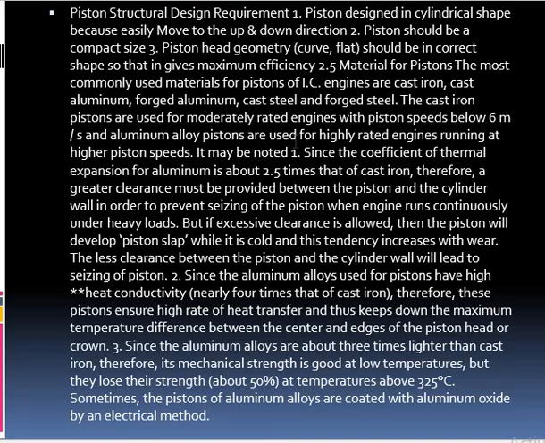Whenever we design such a piston, the structural design should be considered. Another important point: the expansion of aluminum is 2.5 times that of cast iron. We have to remember these things when manufacturing the piston.